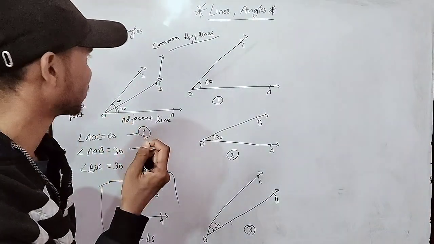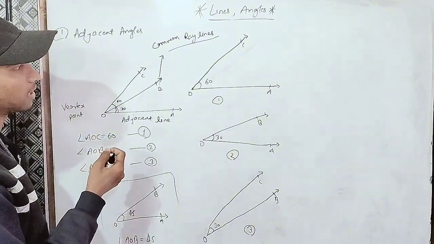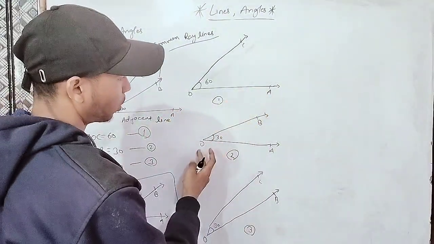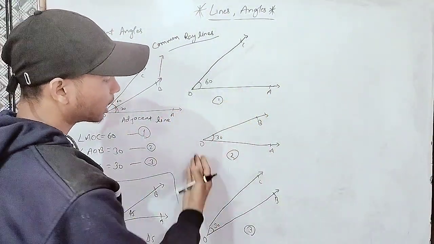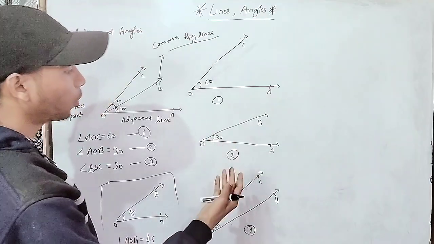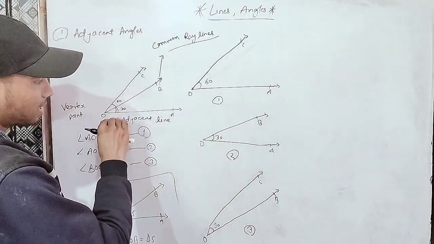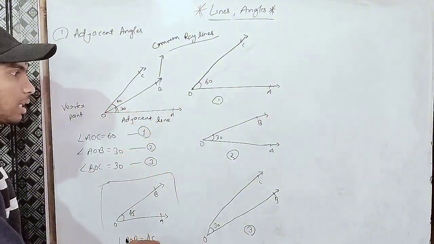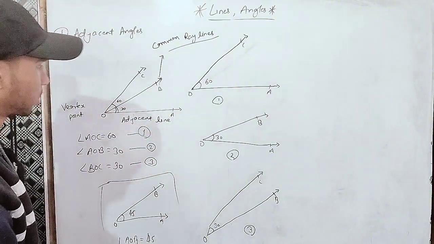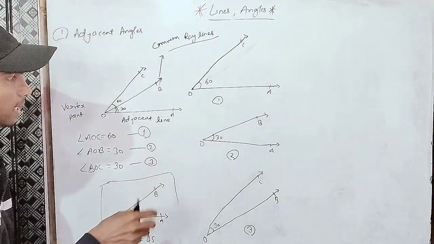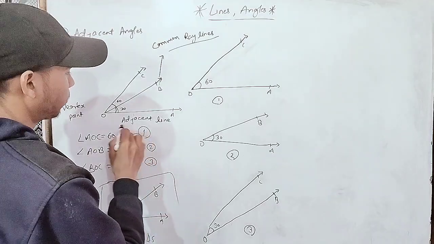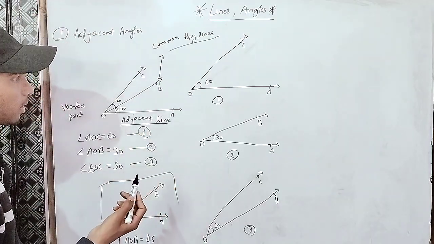Here also try to understand that OA and OA, we have two lines. These are lines on a ground. That's why it is an adjacent angle.